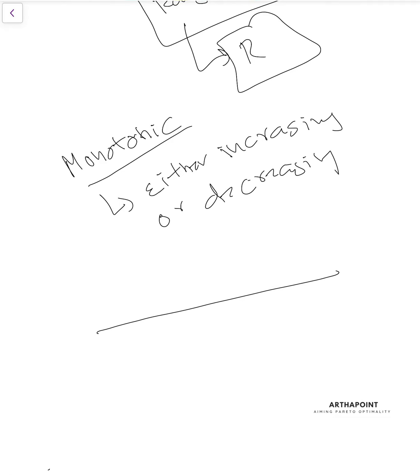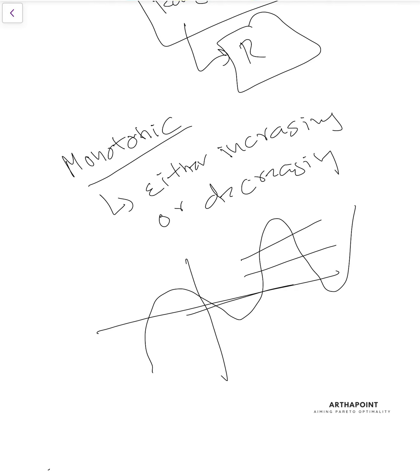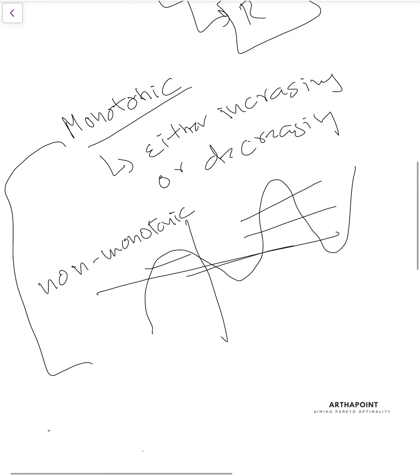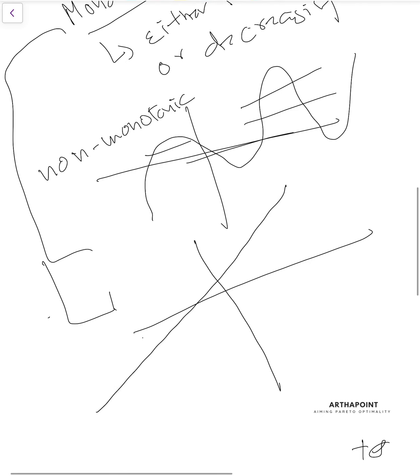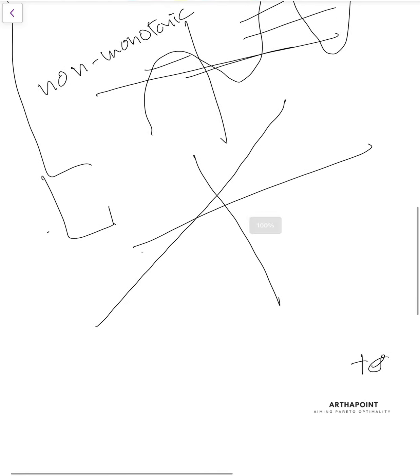Suppose we have a graph like this. This is both increasing and decreasing. This is called non-monotonic. But when we have a graph like a straight line, which is strictly increasing or decreasing, right?